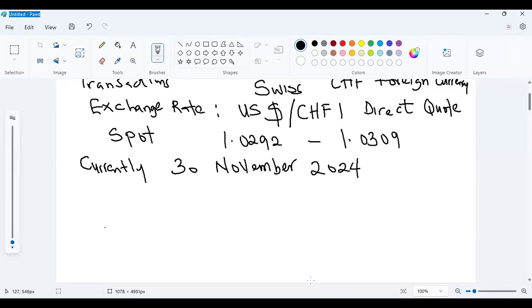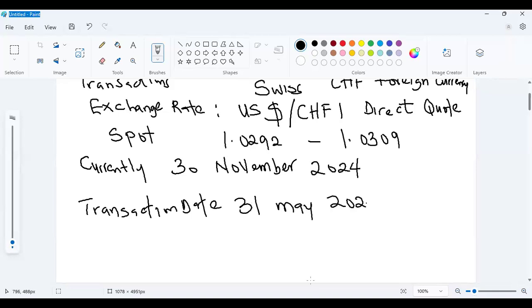We now have transactions, and the transaction date is 31st May 2025.